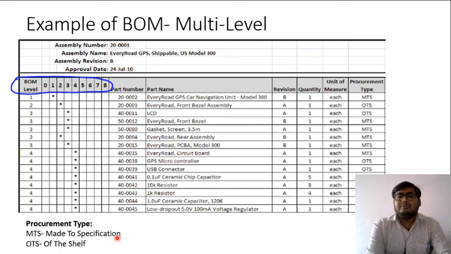We need to do some processing in our organization to make this part. So these parts are made to specifications specially for us, and off the shelf parts are the parts which are standard. Screws, nuts, bolts, and ready made assemblies are all off the shelf parts, and they can be easily available in the market. So this is what we mean by made to specification and off the shelf part.